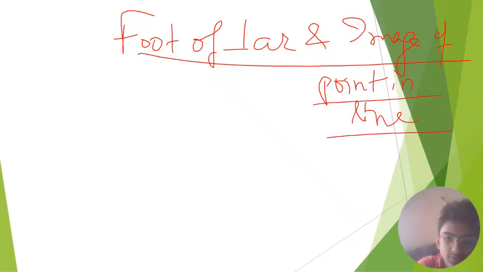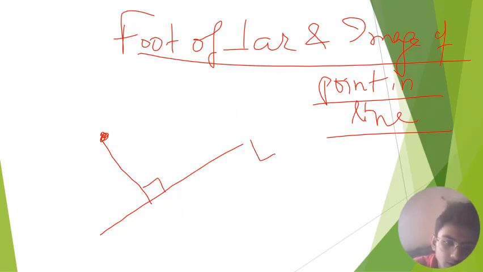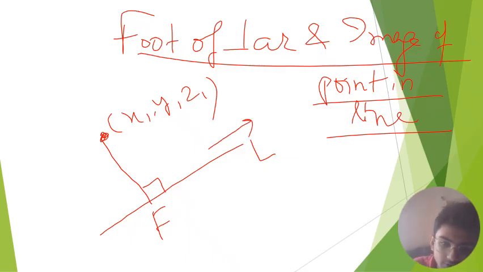So suppose the given point is particular to this particular line. So the foot of perpendicular, this is perpendicular to this. Suppose this is x1, y1, z1, and you have to find this particular foot of perpendicular. So you are given this line.